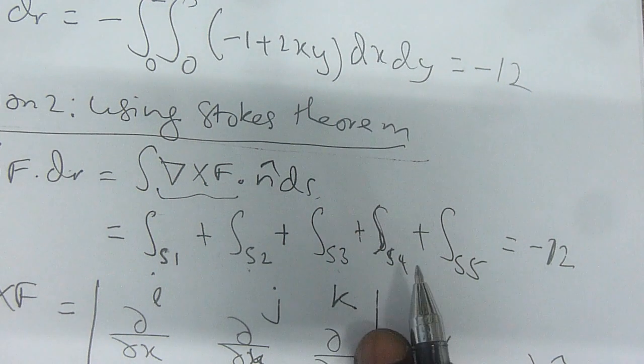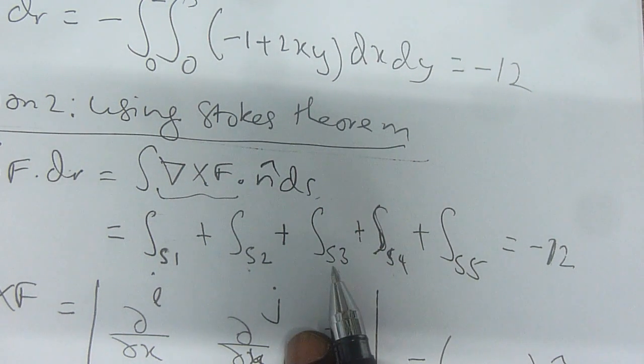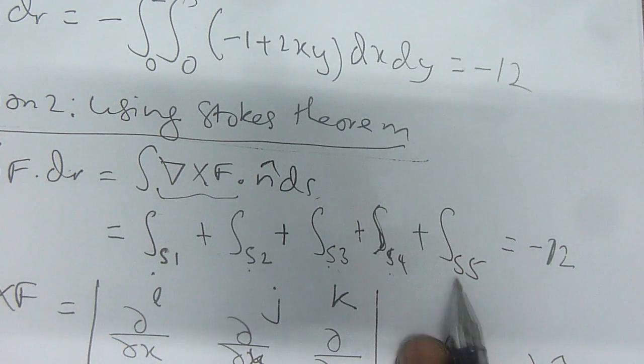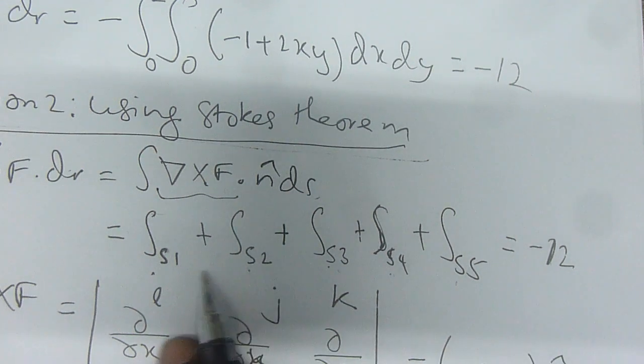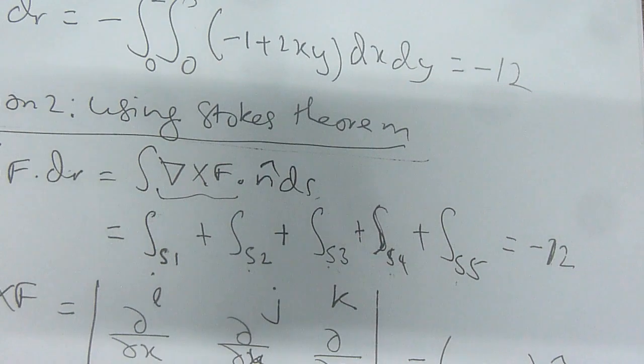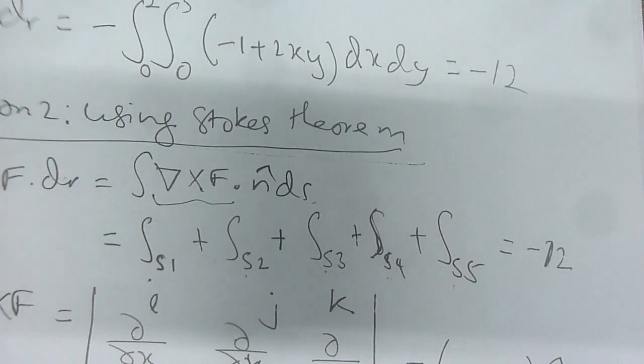Or this can be 10, this can be negative 5, negative 5, just to get this result. Therefore, you cannot conclude by yourself that once this is negative 12, the rest are 0, 0, 0. Please don't do that. You cannot assume.